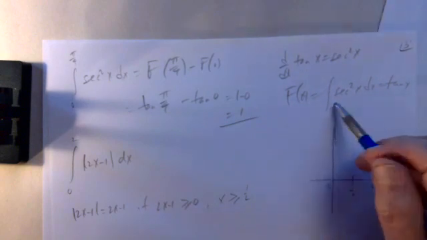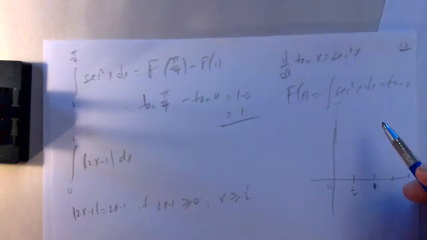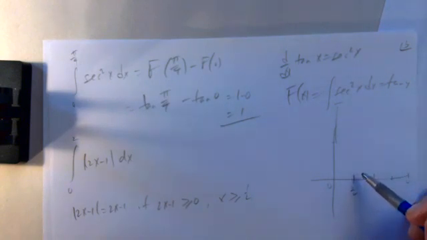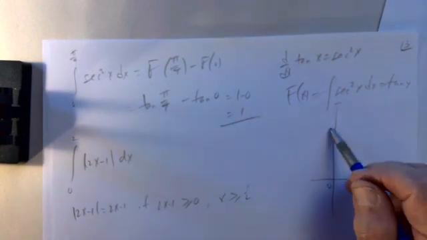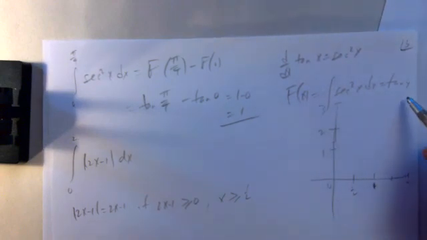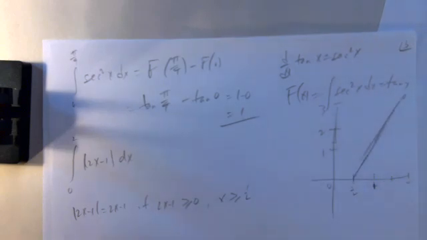That's the line with slope 2 and y-intercept minus 1. So when x is a half, this is 0. And when x is 2, this is 3. Just that line.